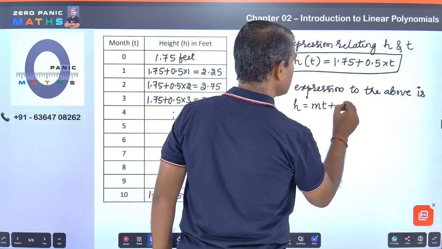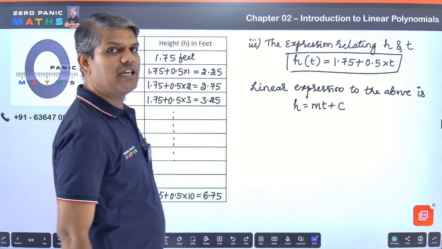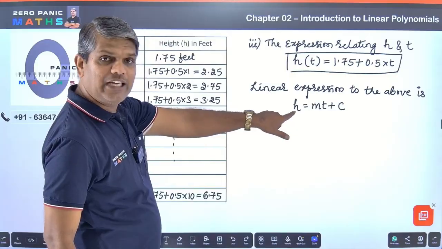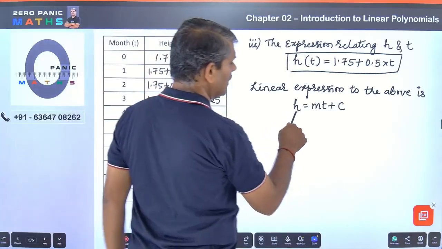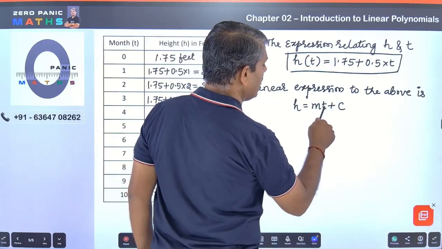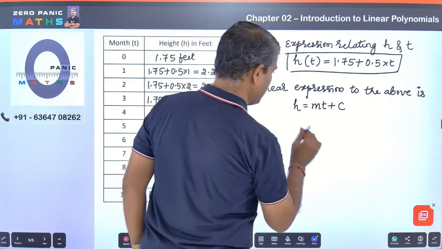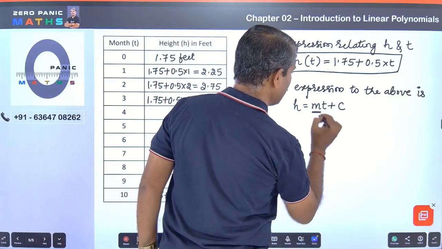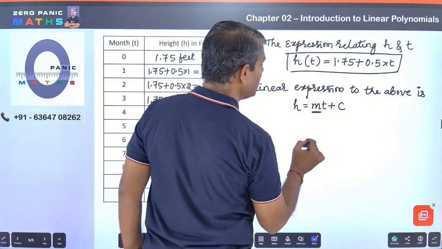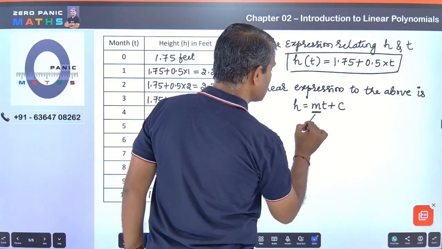I'll tell you what exactly h is, because we wanted to find height. Okay, I'm writing it as h. And what is t? You know already that it is time in months. And what is m in this case? It is the constant growth.